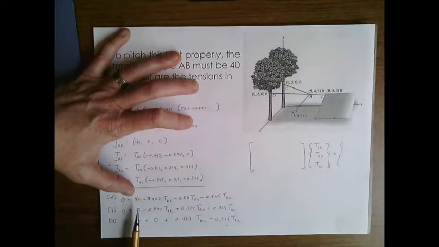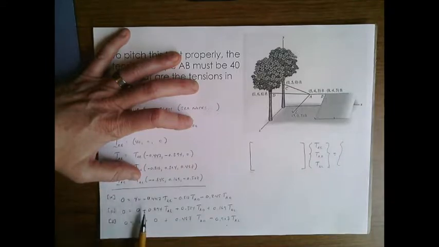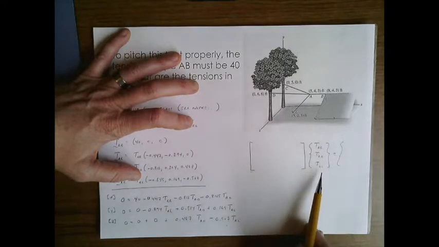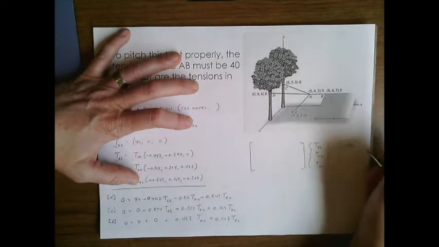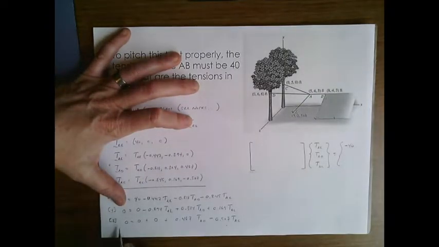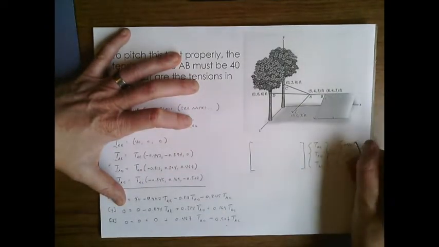To get this resultant, I would move everything over to the other side, anything that doesn't contain a multiplier of one of these terms. So this would move over, so that would be negative 40, and then this is 0, and this is 0, 0, 0.